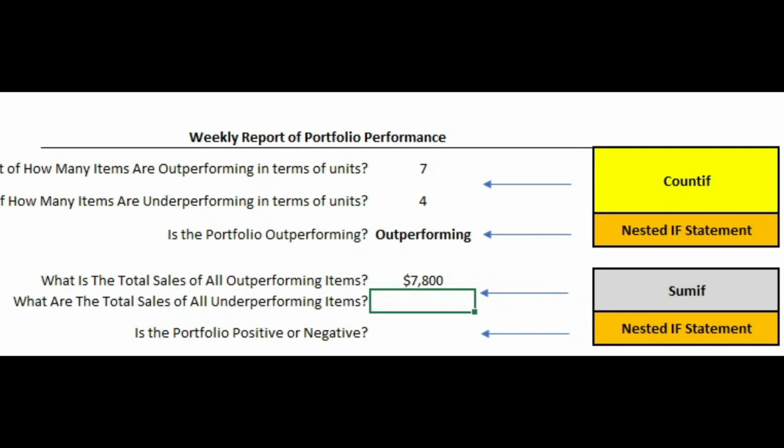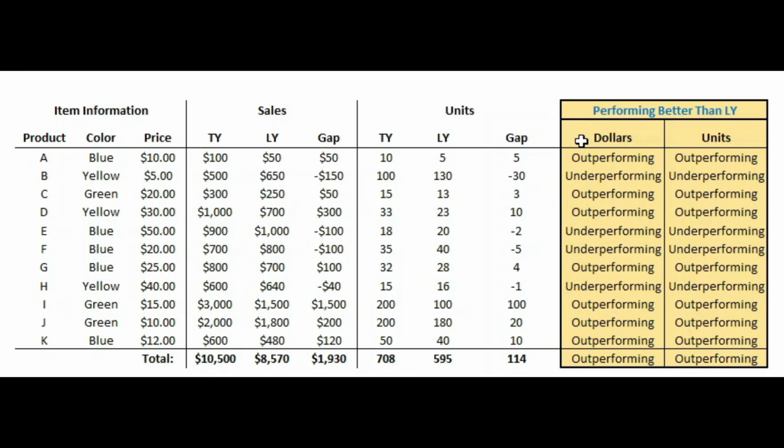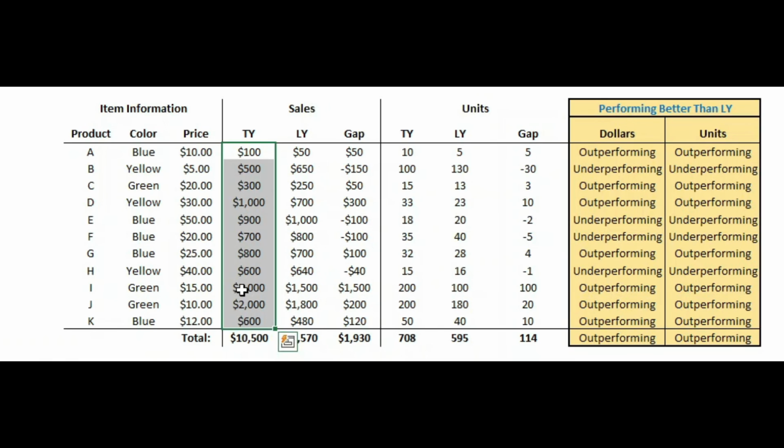Press enter. And what Excel just did is it went up here to our range that tells us whether we're outperforming or underperforming. It looked for everything that said outperforming and then summed it over here. So it says 7,800. So if I went over here, the first one says outperforming.